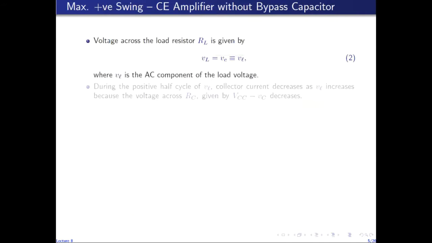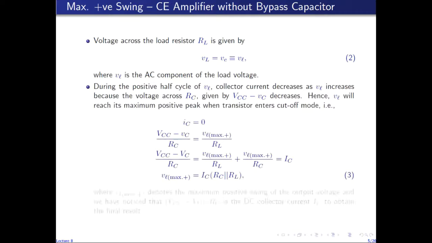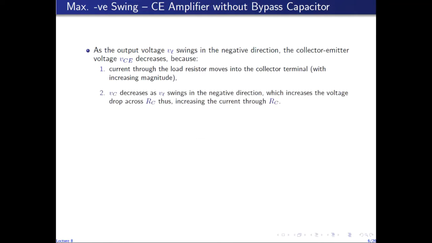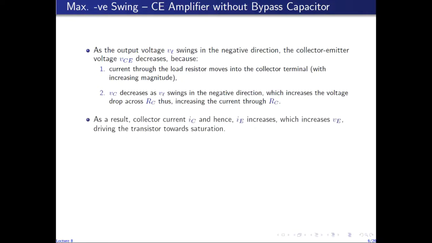As VCE decreases, the device is driven towards saturation, and we observe that VL reaches its maximum negative peak when the transistor enters saturation mode, because beyond that point there is no amplification.